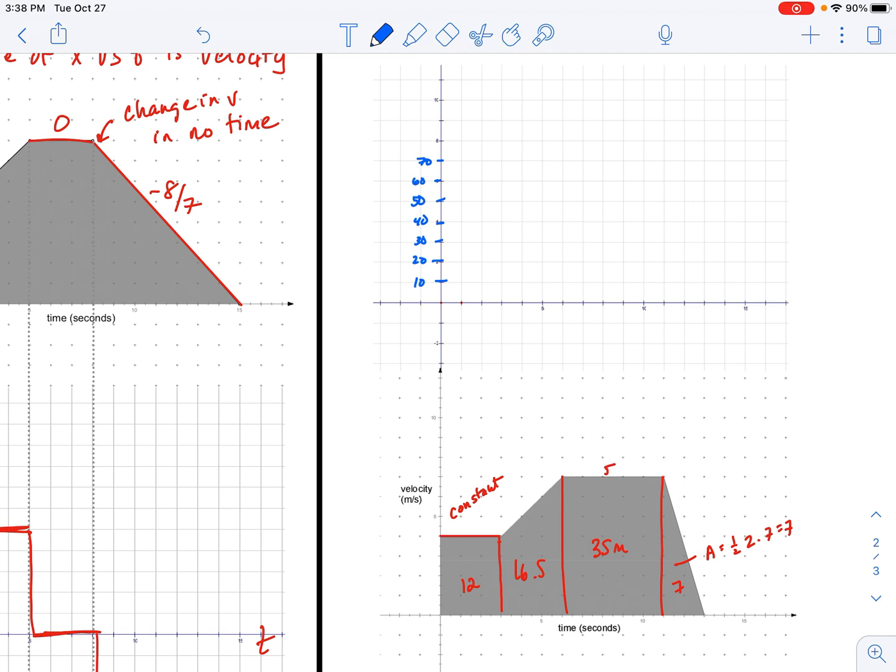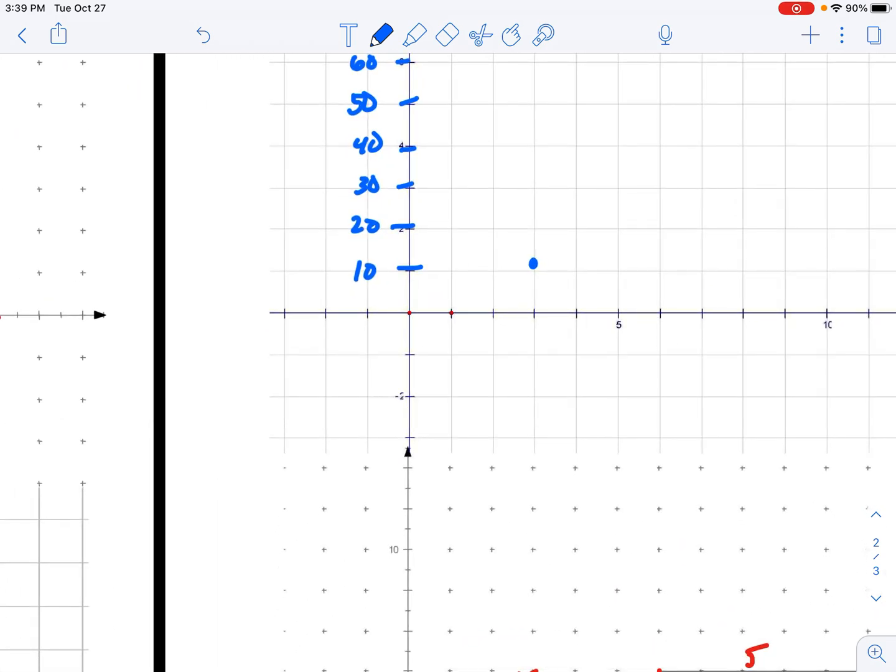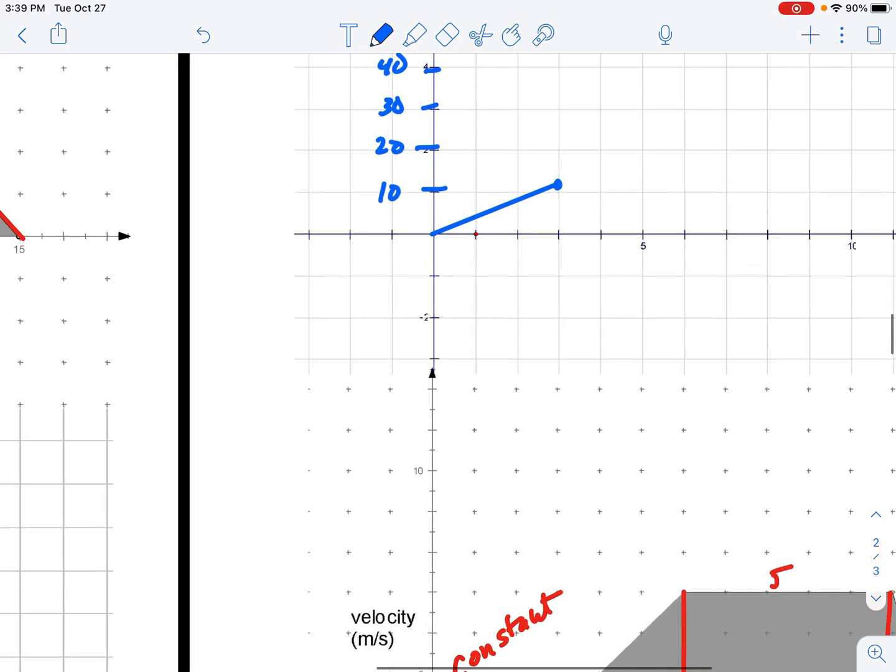In the first 3 seconds, so to get to that point, the object travels 12 meters. So 12 is a little bit above 10. And this slope would be 4.